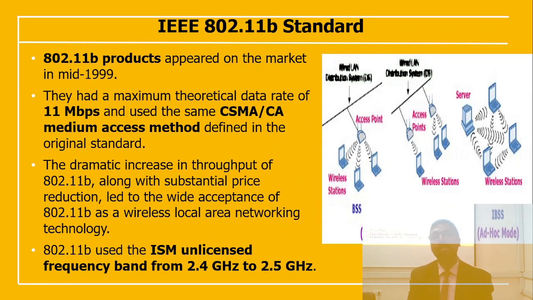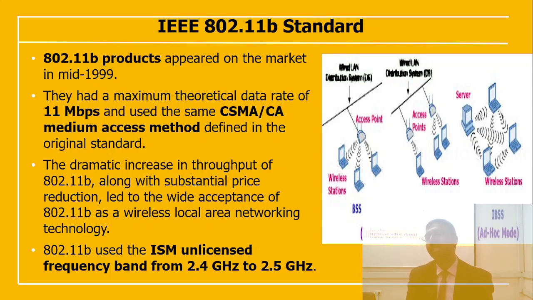Then we have the IEEE 802.11b standard. The products appeared in the market during 1999. They had a maximum theoretical data rate of 11 Mbps and used the CSMA/CA medium access method.